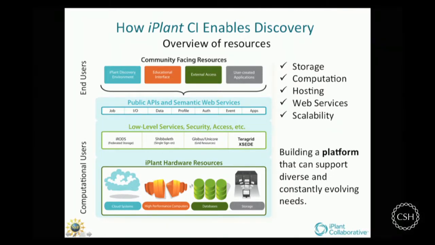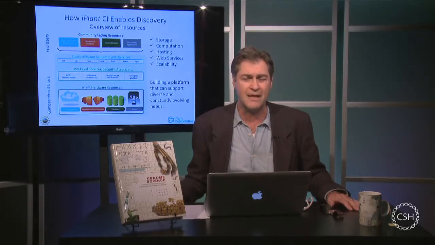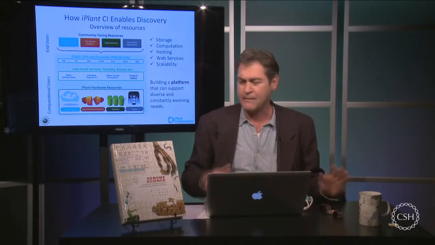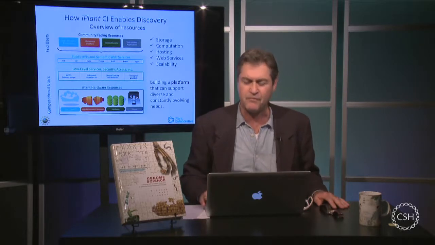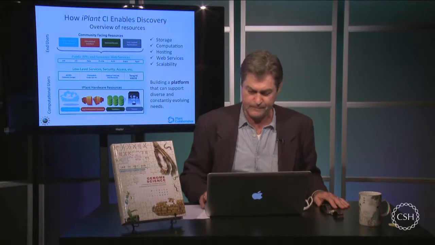And I'll tell you that among the high-power compute capability of the IPlant Collaborative is access to the XSEDE supercomputing system of the National Science Foundation, also called high-performance computing. And all of us hopefully can be online with that in just a year or two.